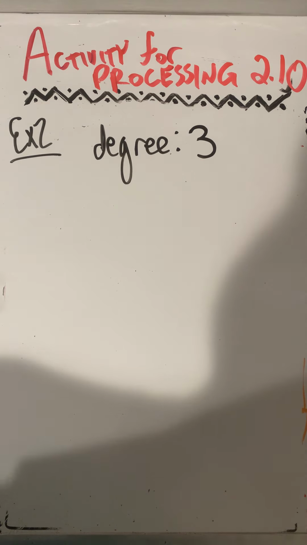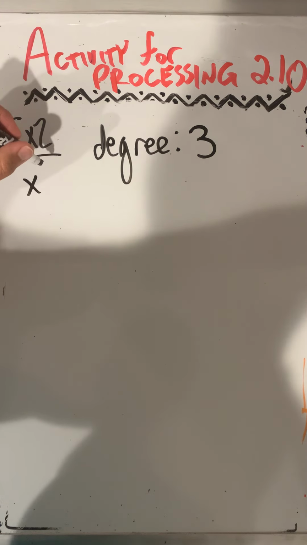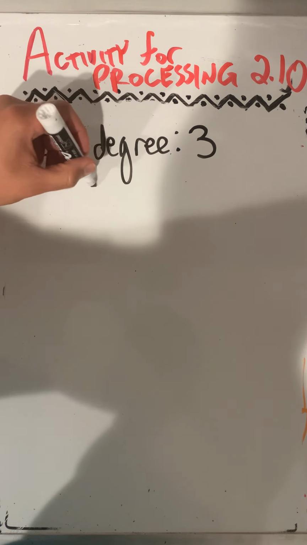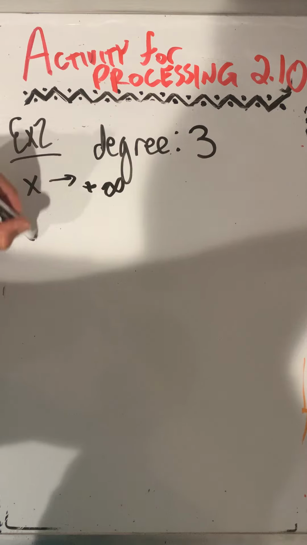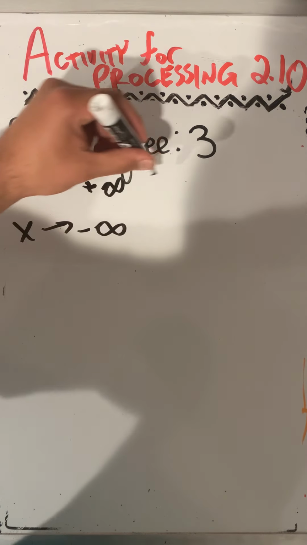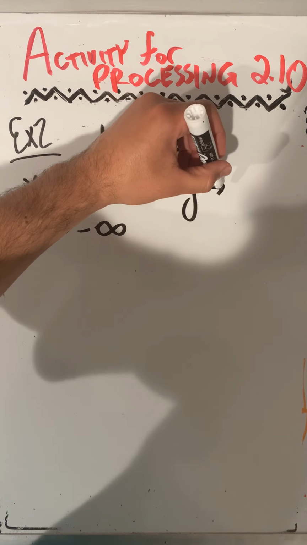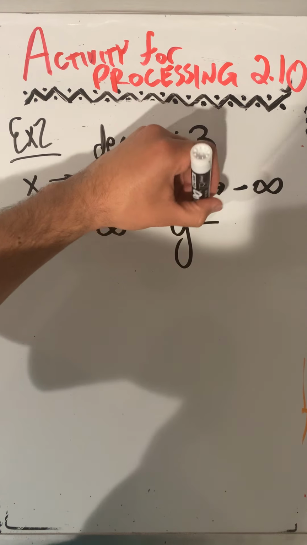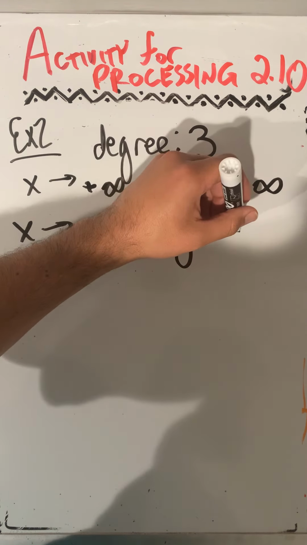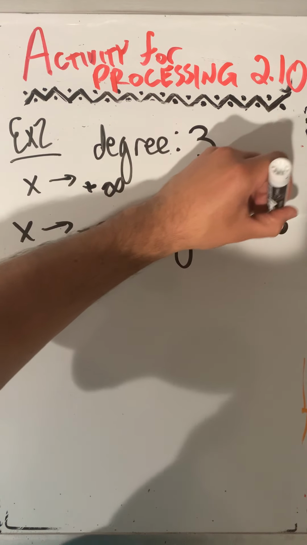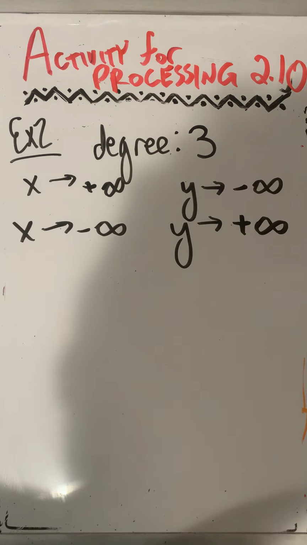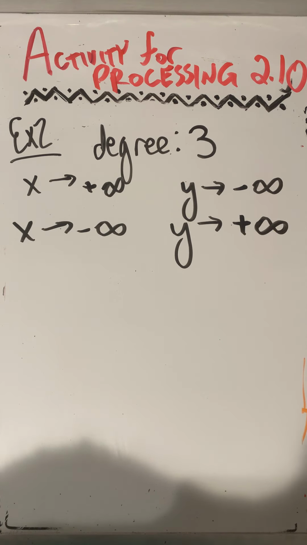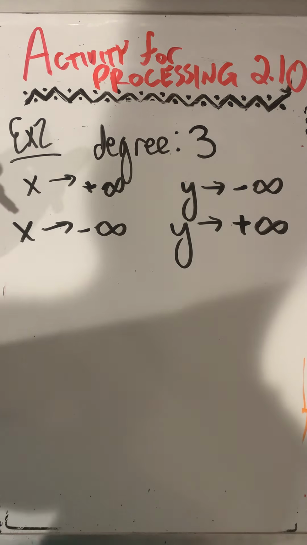As x approaches positive infinity, as x approaches negative infinity. There you go. Okay. And what else did it want? Degree, zeros. Oh, zeros, duh.